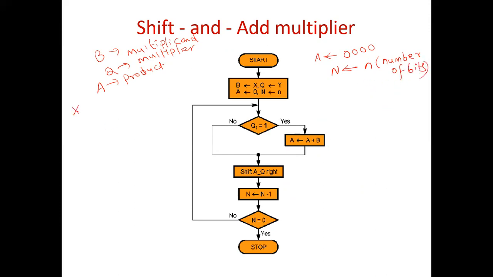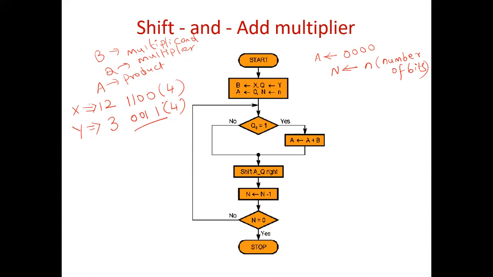Suppose I take x equal to 12; the number of bits to represent 12 is 1100, and y is the multiplier, y is 3. The number of bits required for 3 is 2, but I have to make it the maximum. So the maximum number of bits here is 4, and y will be equalized to it. So n will have the maximum number of bits.